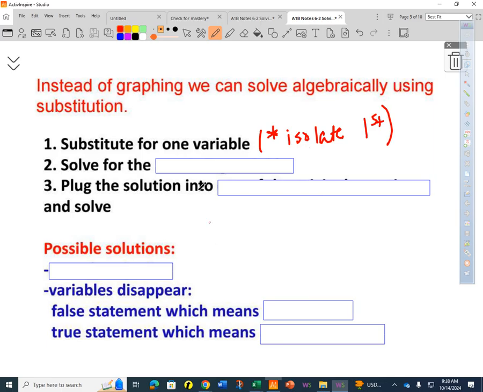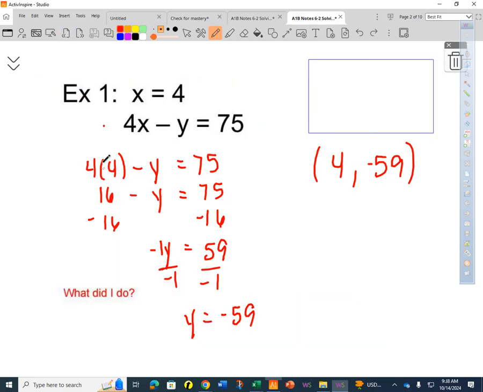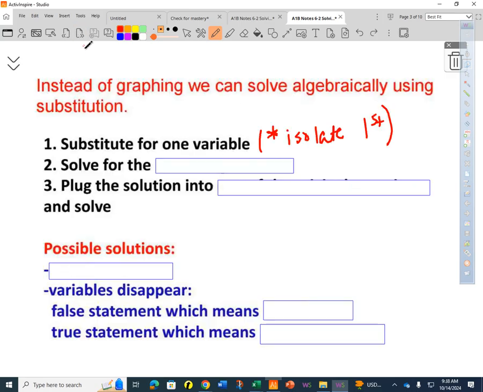Okay, so once you substitute for one variable, so here we substituted for the x, right? And then we solve for the other variable. So we're going to solve for the remaining variable.